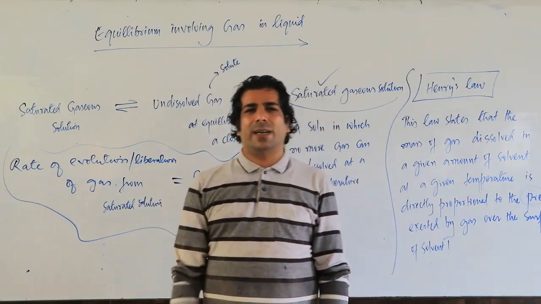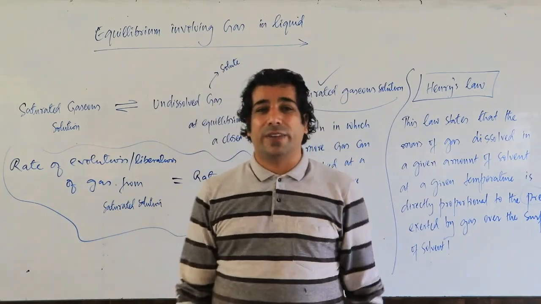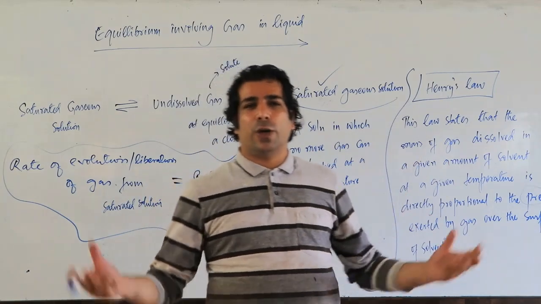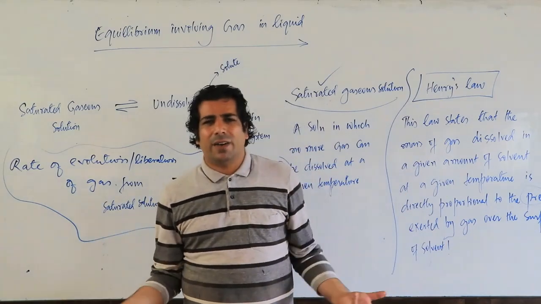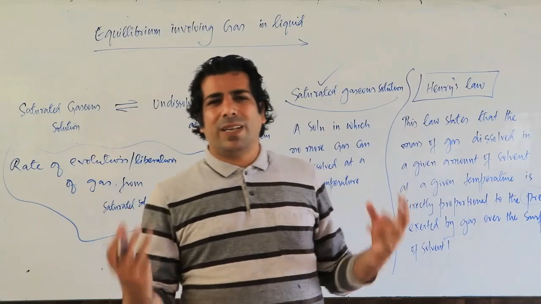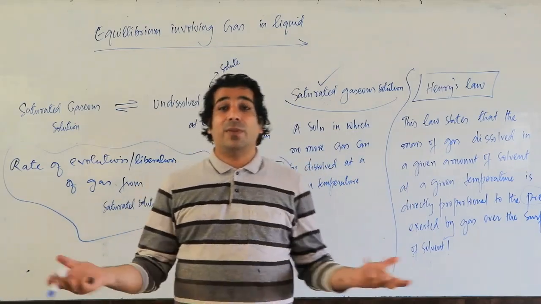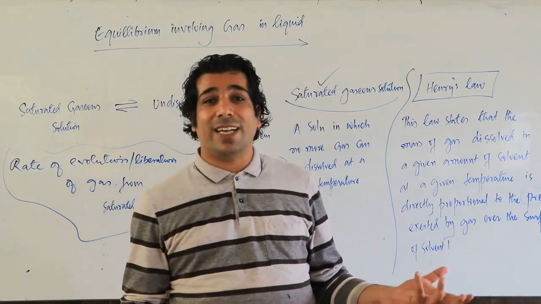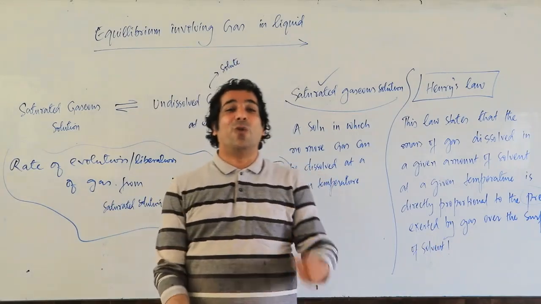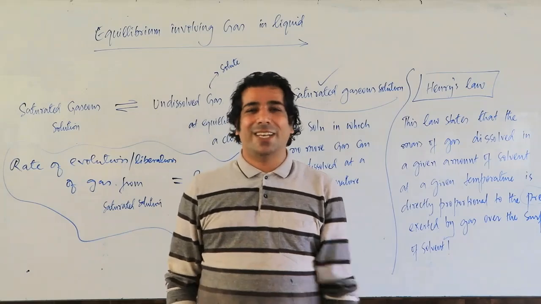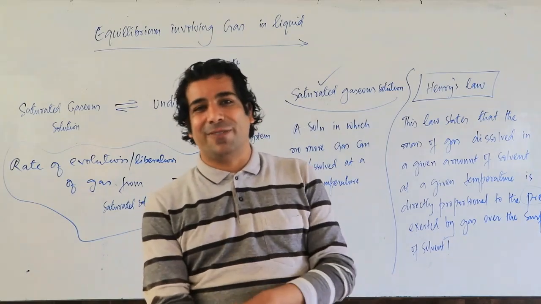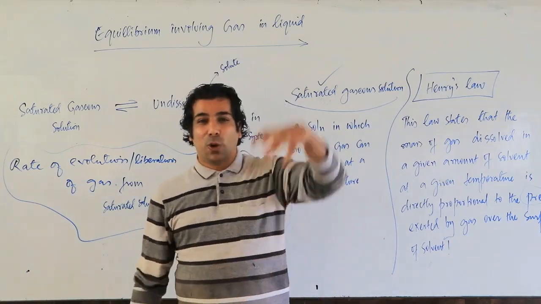You can take an example of carbonated drinks also, my dear friends. In carbonated drinks like Coca-Cola, Mirinda, Fanta and all, what is present? Carbon dioxide. Carbon dioxide is dissolved into water, and we get carbonated drinks, my dear friends. And those bottles are closed.